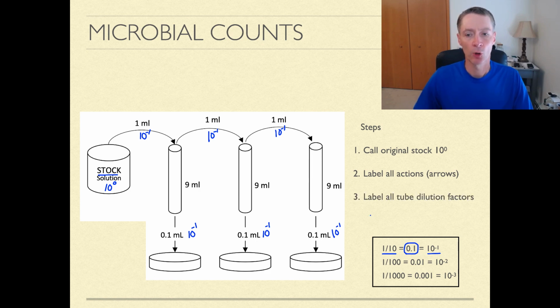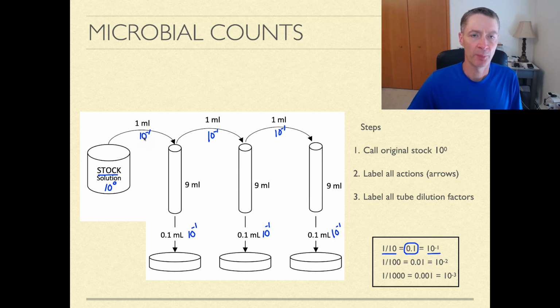Now I want to label all of the tube dilution factors. At this point, everything's going to be super easy because you've done all of the work ahead of time. What we need to do is consider what was in the stock solution. In the stock solution, we had a 10 to the 0. Nothing was diluted yet.